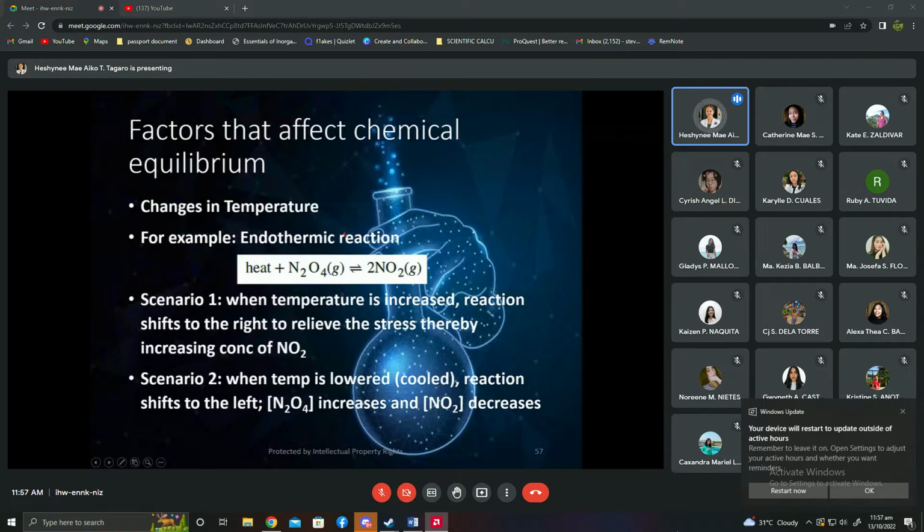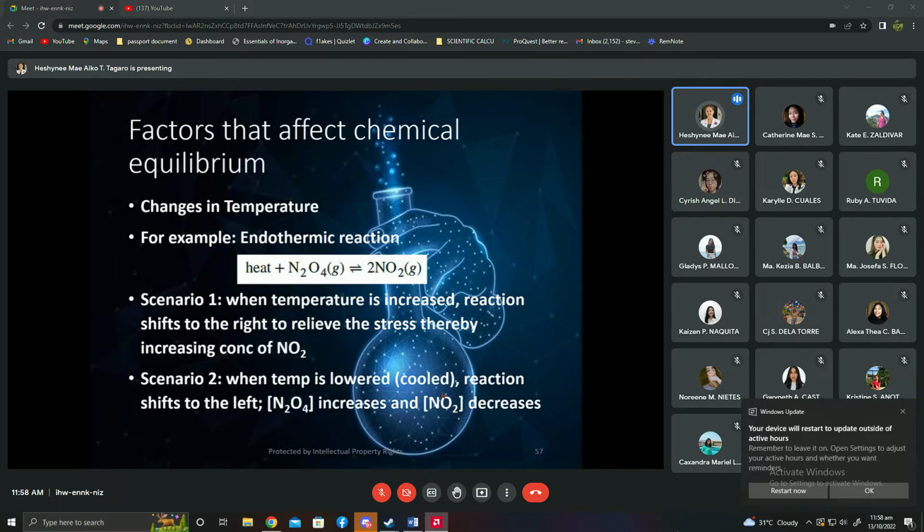When temperature is increased, reaction will shift to the right to relieve the stress, thereby increasing product concentration. Scenario 2, when temperature is lowered, reaction shifts to the left, therefore increasing the reactants and decreasing the concentration of the product.